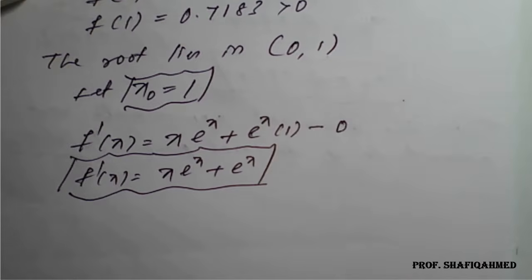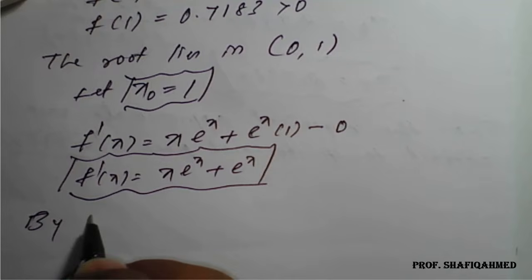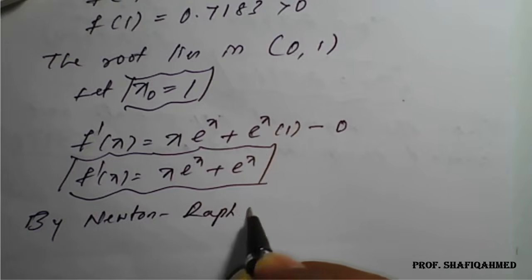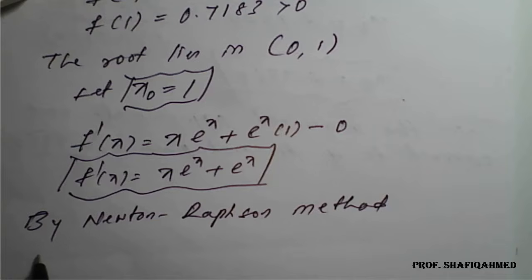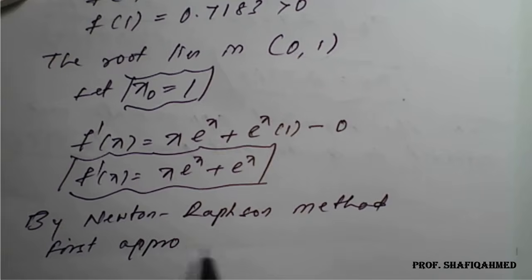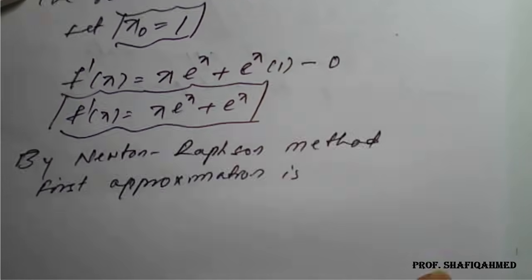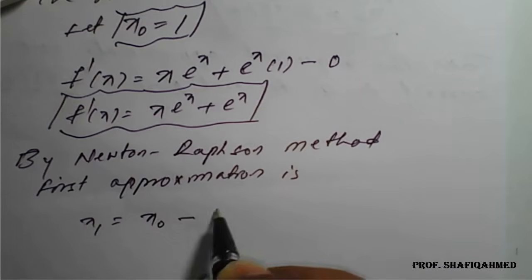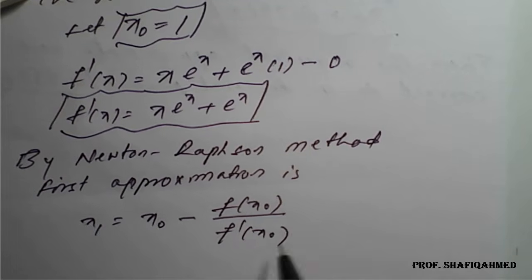You can take e raised to x common or else keep as it is. Then we go for the first approximation by the Newton-Raphson method. x1 equals x0 minus f of x0 divided by f dash of x0.